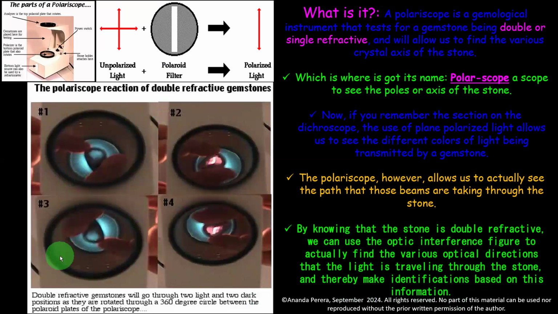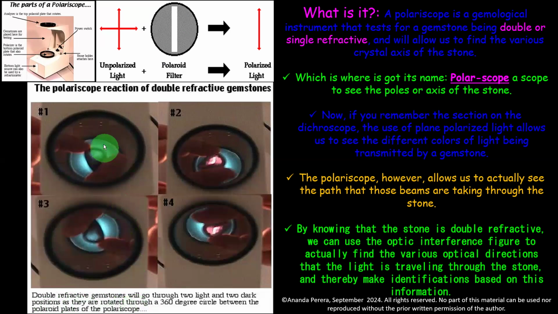Double refractive gemstones will go through 2 light and 2 dark positions as they are rotated through the 360 degree circle between the Polaroid plates of the polariscope, or between the Polaroid plates of the double card.